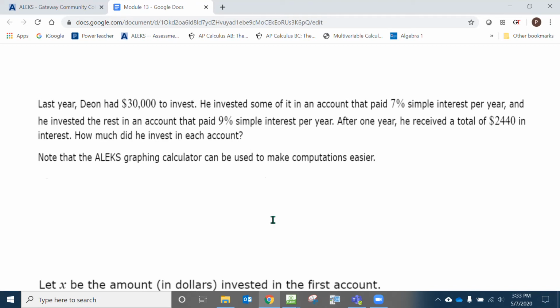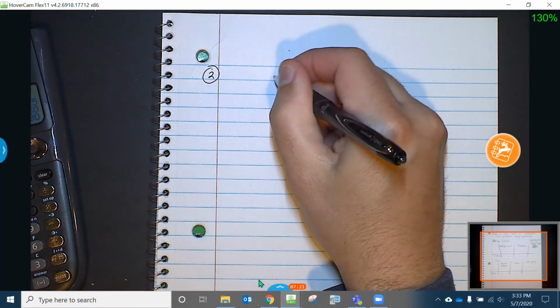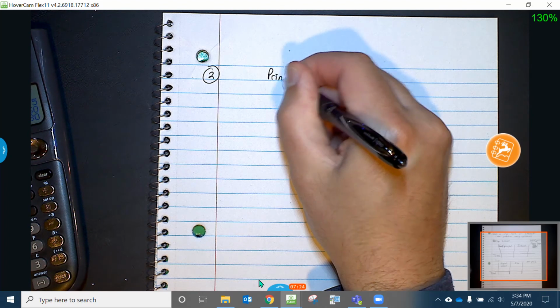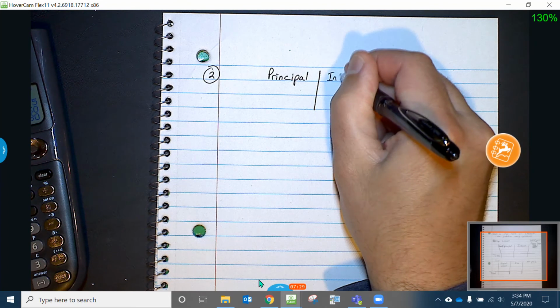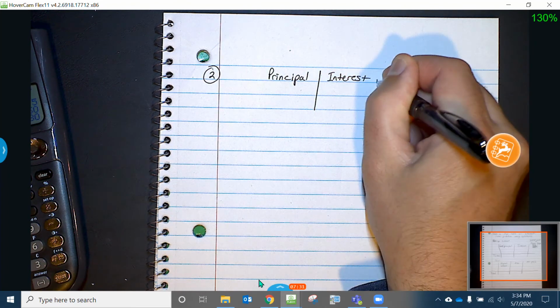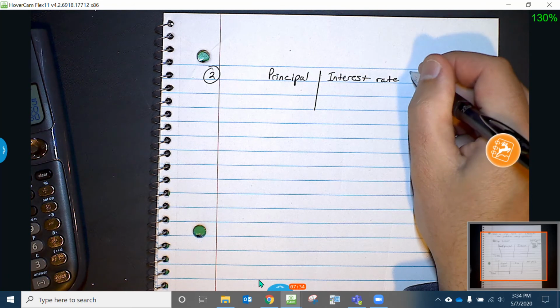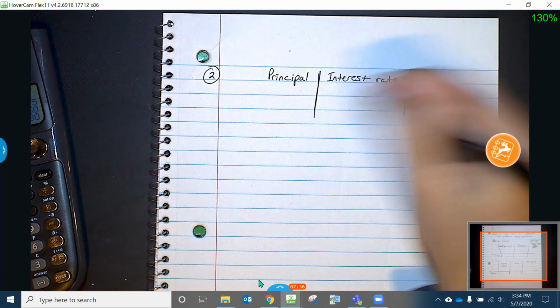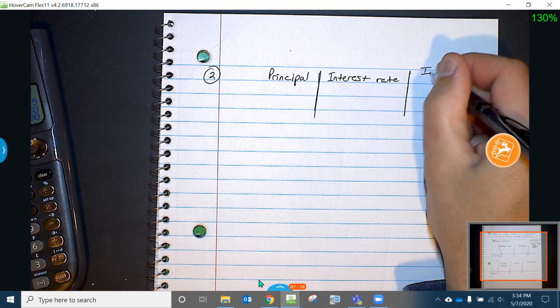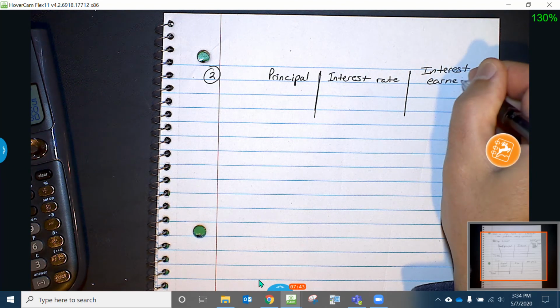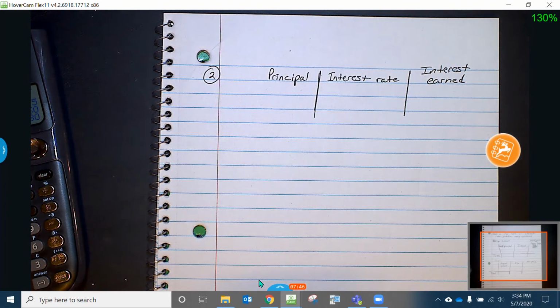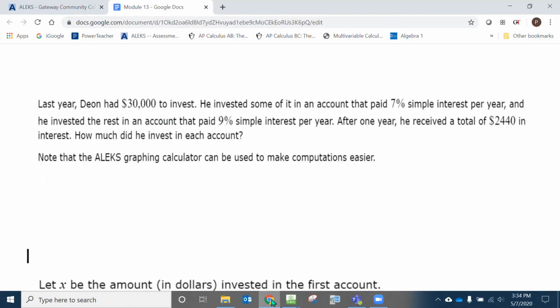So we're making money on an interest rate here. So we're going to go the principal, how much money we started with, the interest rate, and then here is the interest earned. Okay, so we have two accounts.